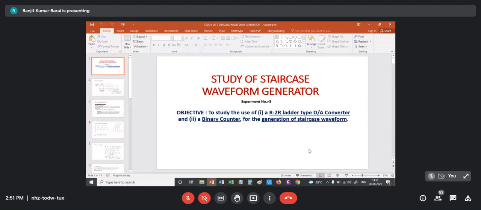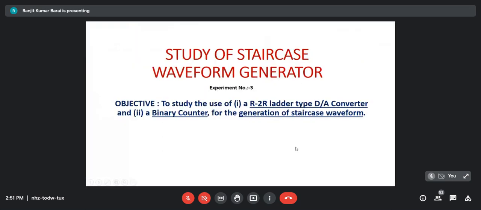So the main part of this experiment is the DA converter, the simplest D to A converter, and also to some extent a binary counter, its relevance to perform this experiment, and a special type of waveform that is called staircase waveform that we are going to discuss.